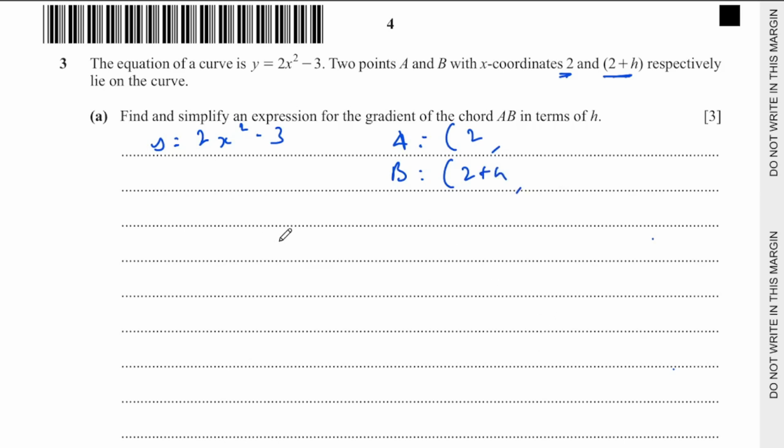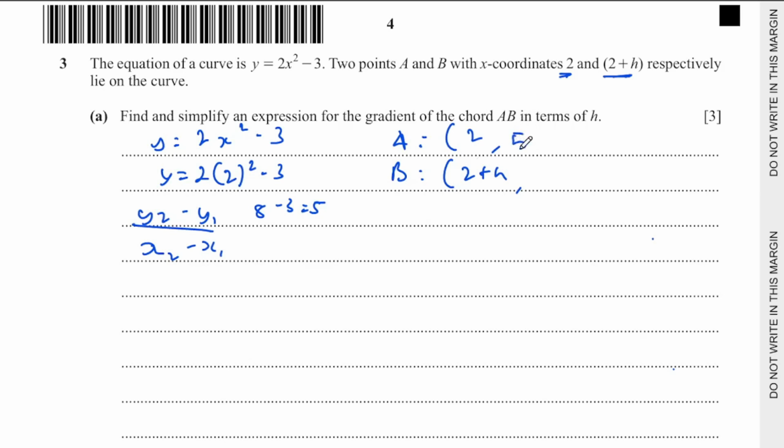Okay, and here what we need to do is find and simplify an expression for the gradient of AB, right? So gradient of AB, we need y2 minus y1 over x2 minus x1. So we would need to find the y values for both of these. We just put that into the equation. So y equals 2 squared minus 3, which is just 8 minus 3, which is 5.